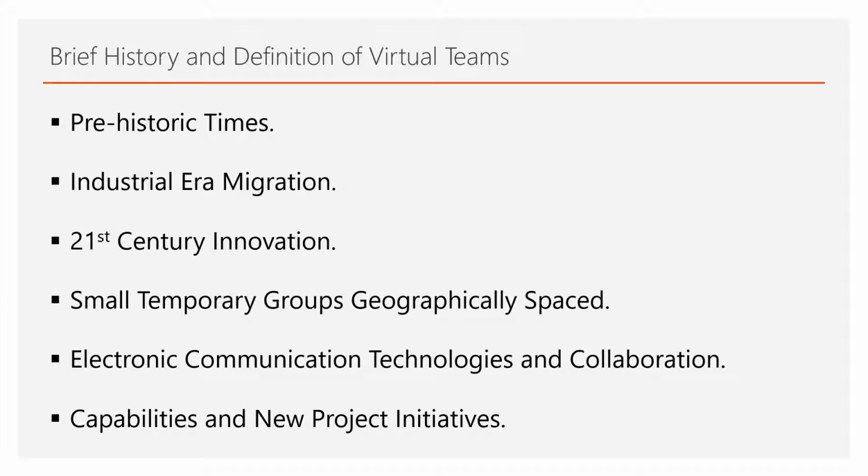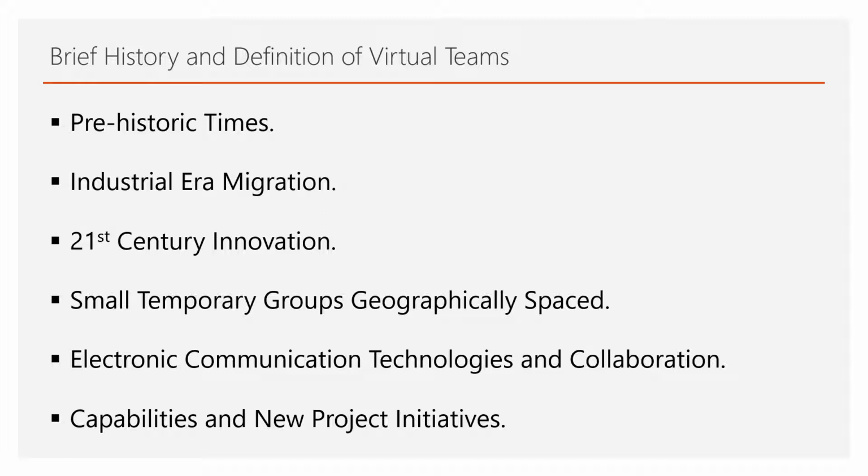It's more likely they're being used for a particular project, and they're having their own work that they're working on separately while being on a virtual team to work on a project. So a lot of times they're geographically spaced, meaning that they're disparate. They're somewhere else, maybe in the United States, or somewhere else around the world that's within the organization's structure.